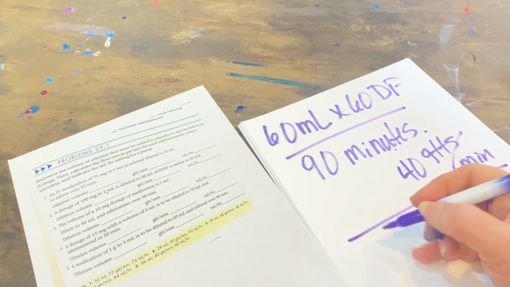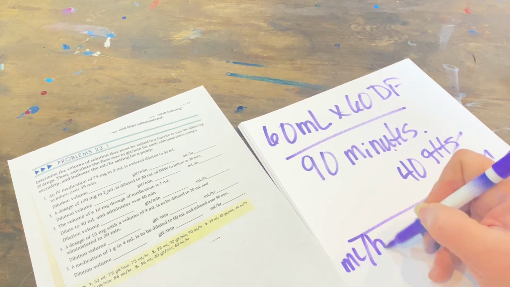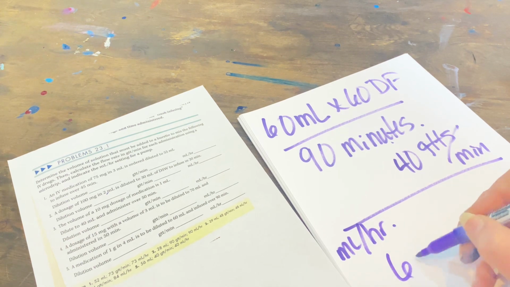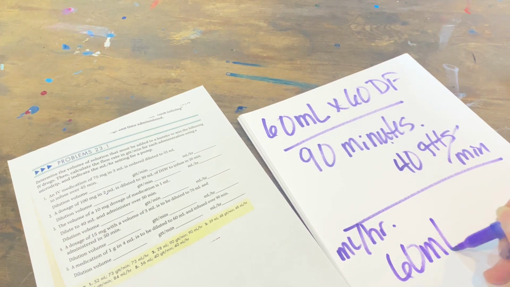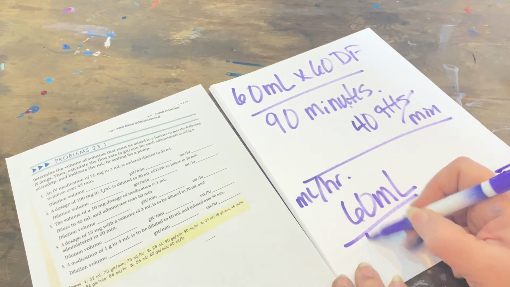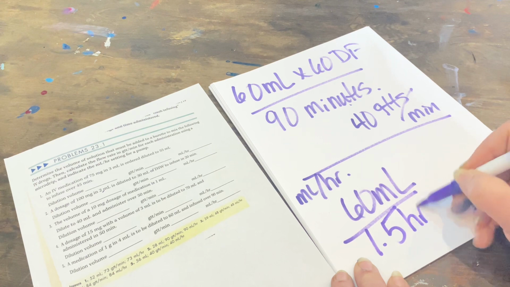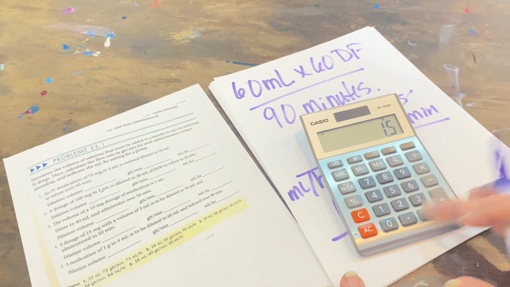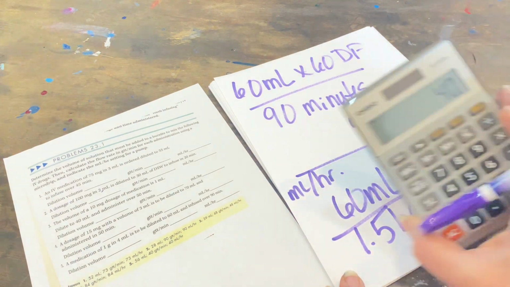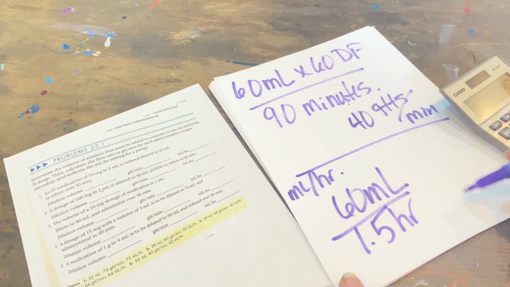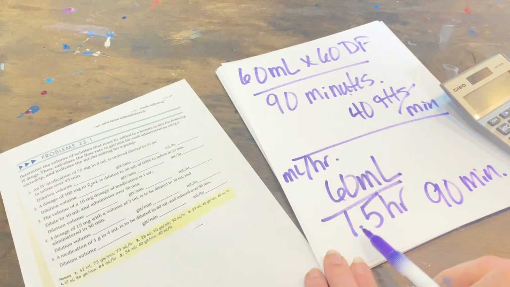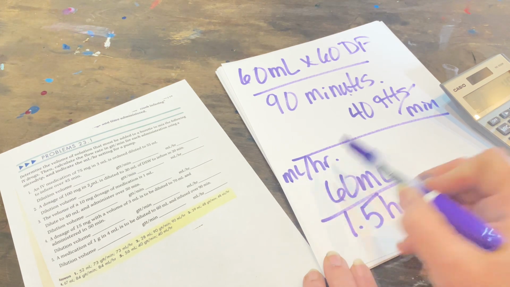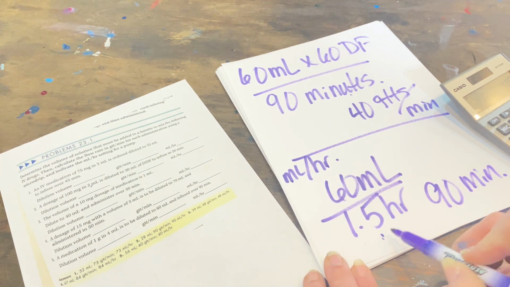And then we're doing milliliters per hour. And we're going 60 milliliters divided by 1.5 hours. Okay, 60 divided by 1.5 equals, you see that? Because 90 minutes equals 1.5 hours, and we're doing milliliters per hour, so your time has to be in hours.